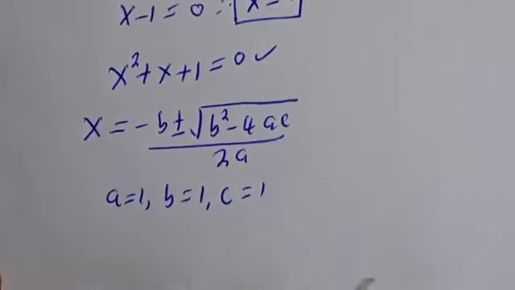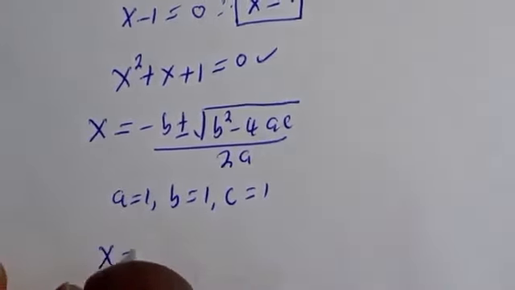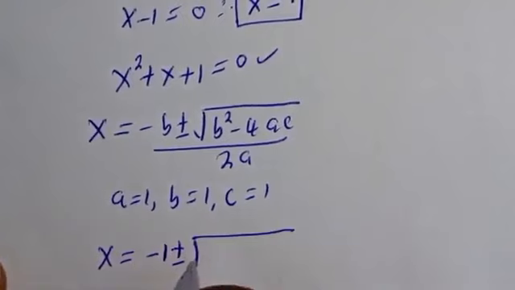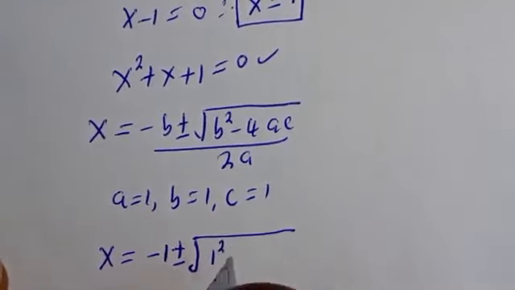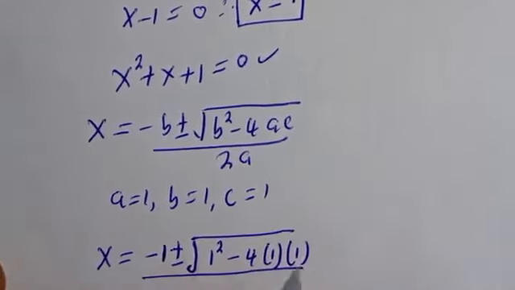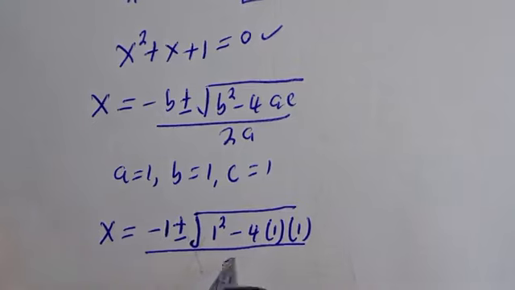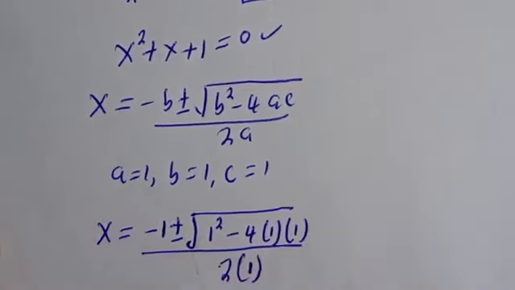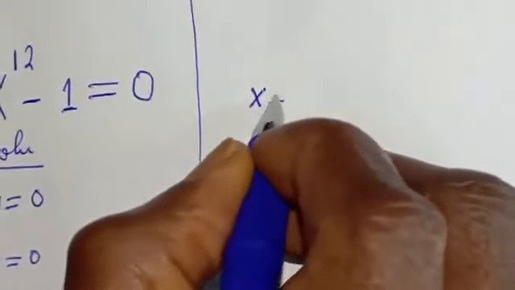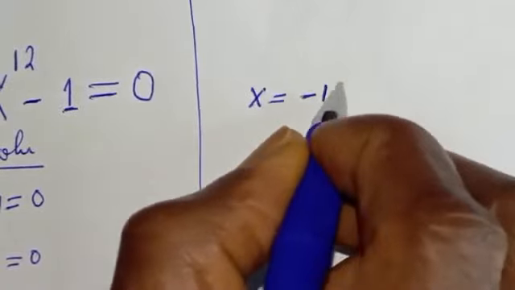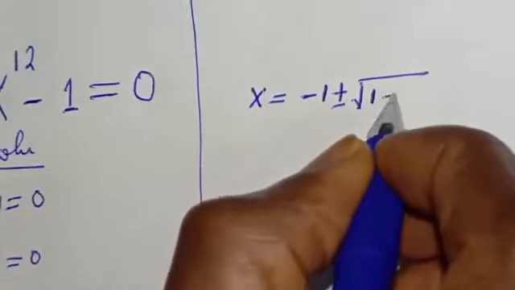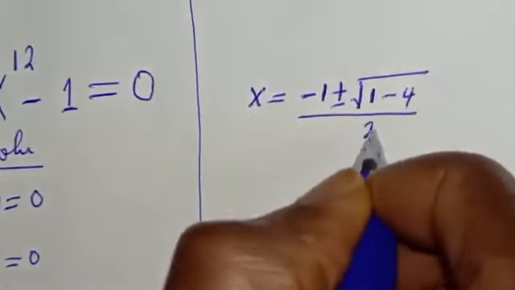Let's substitute. s is equal to minus 1 plus or minus square root of 1 squared minus 4 multiplied by 1 multiplied by 1 over 2 multiplied by 1. s is equal to minus 1 plus or minus square root of 1 minus 4 over 2.